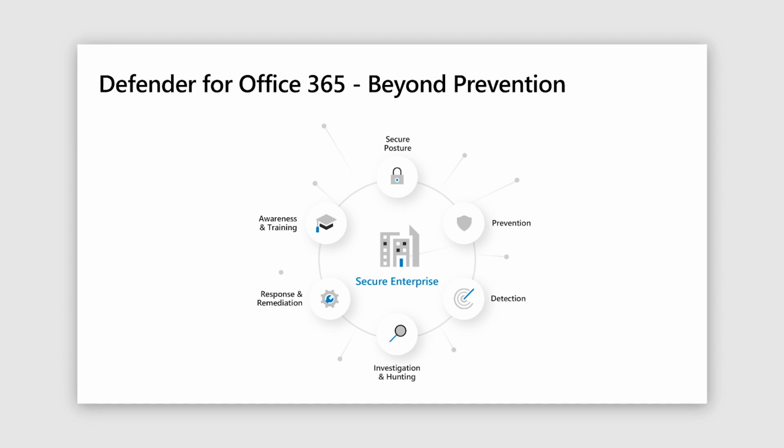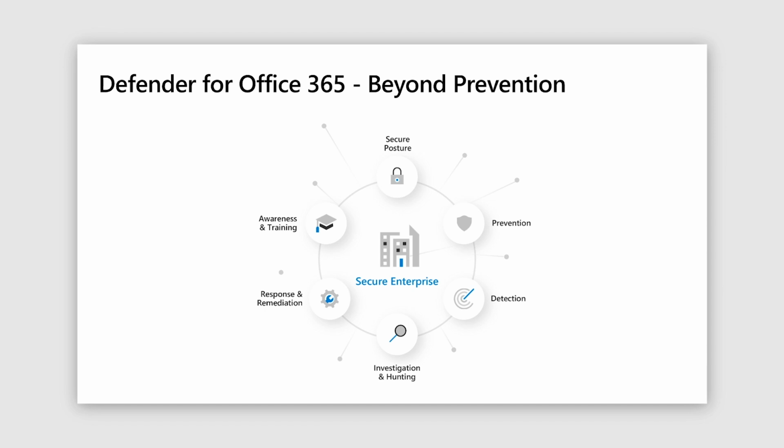So the second that somebody submits an email to us saying that they think it might be malicious, we kick off an investigation for you, find every other mail that might be malicious, look at those users' inbox, look at the user activity, and we make a list of recommendations of actions that we think that your security team should take. All they have to do is one click, accept our recommendations, and then we take those response actions for you. And finally, awareness and training.